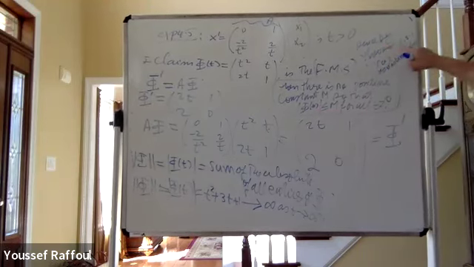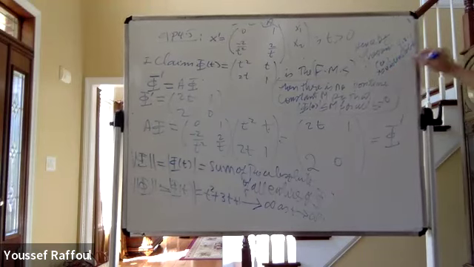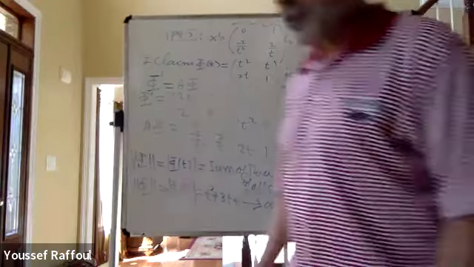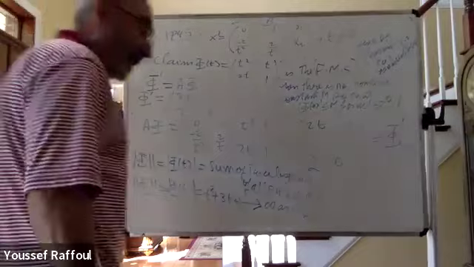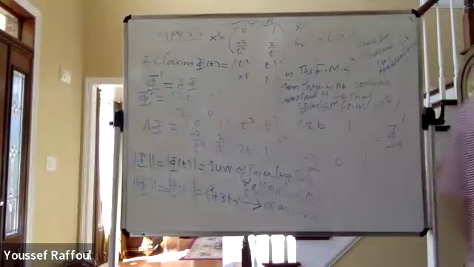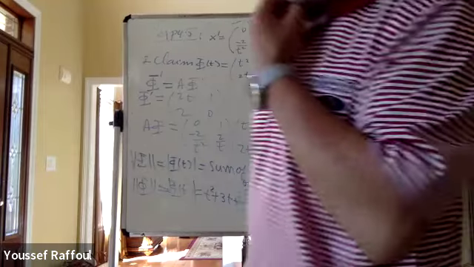Hence, by theorem 4.21 part A, x equals 0 is unstable, because the theorem is if and only if. That's why we can conclude that. Okay? Any questions?